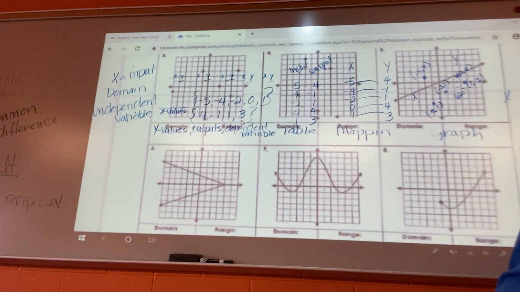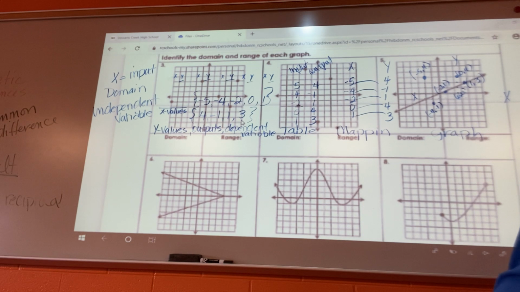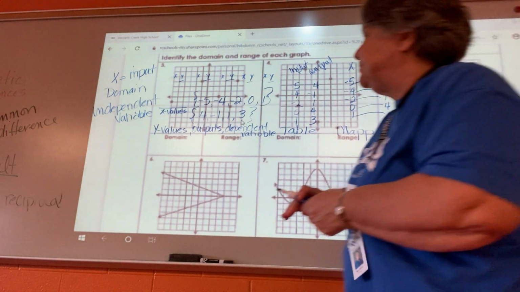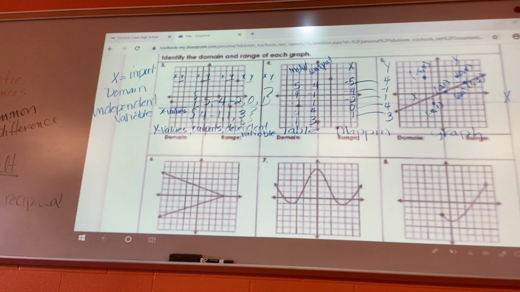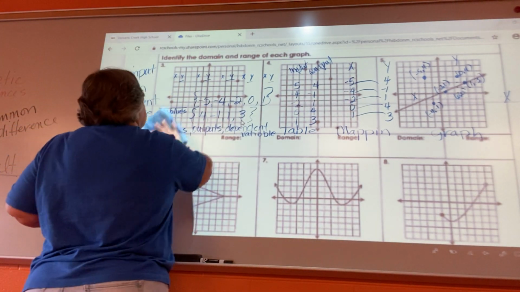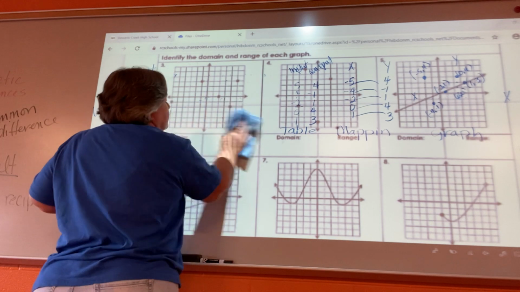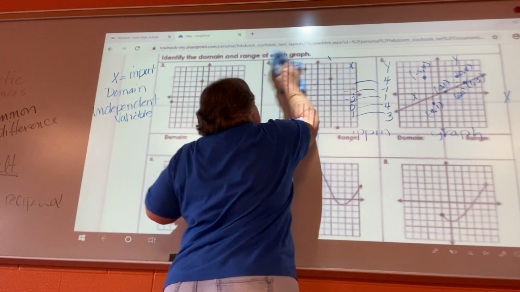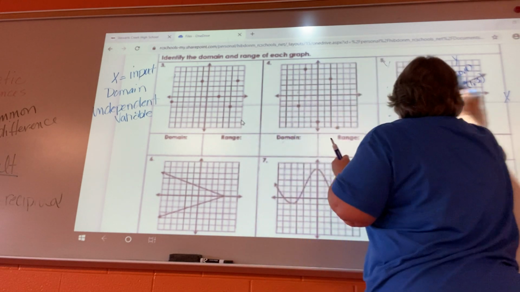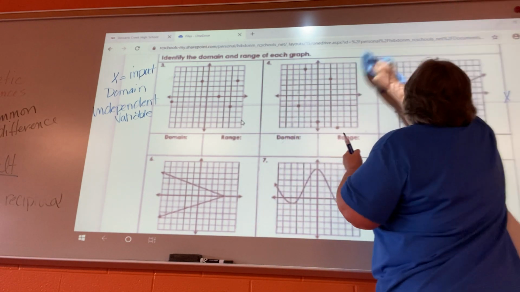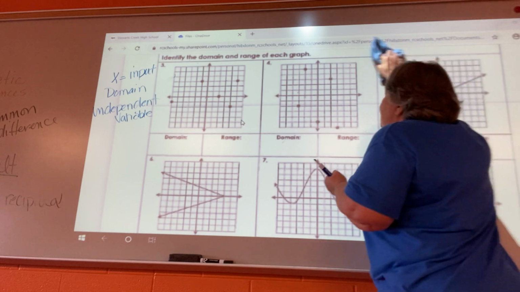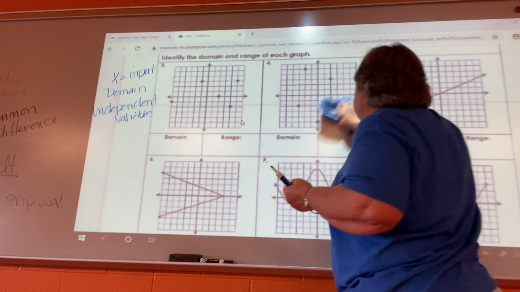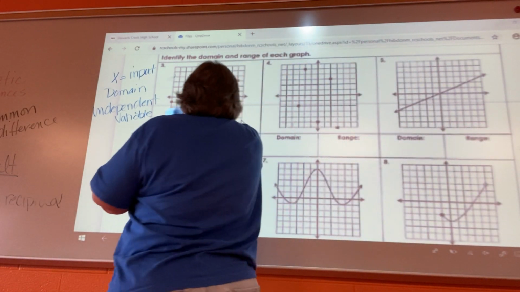The next part says identify the domain and the range of each graph. For the first one and the second one, they're just points on the graph.